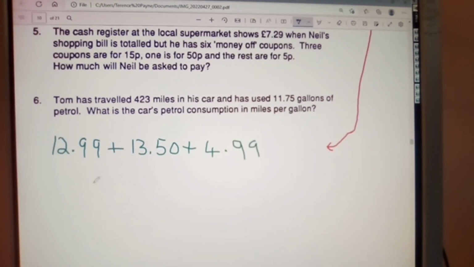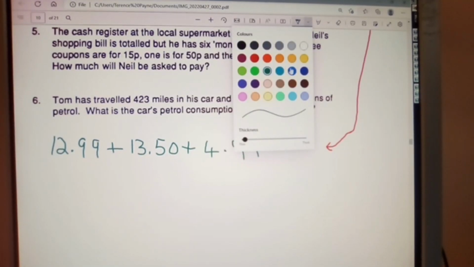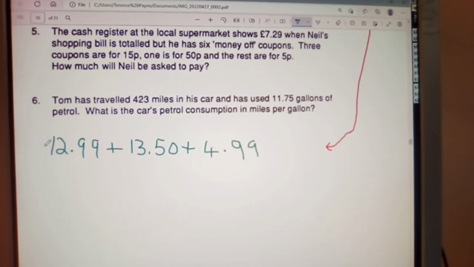This is now going to be represented by our numbers here.